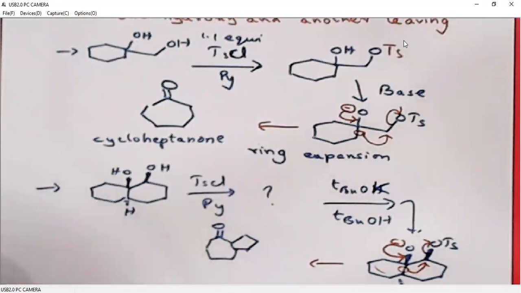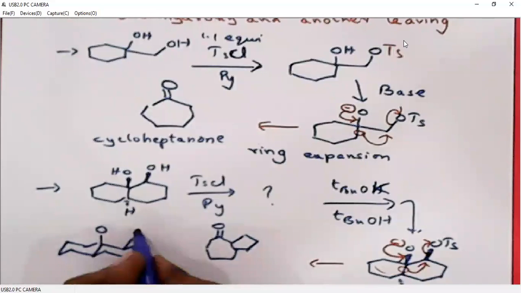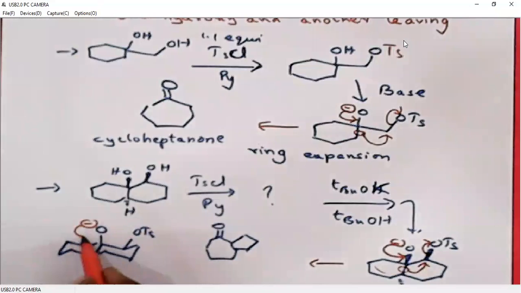I'll give you the chair conformation showing how this alkyl group is migrating. When it is polarizing to generate the carbon-oxygen double bond, see this bond and this bond, they are parallel to each other.